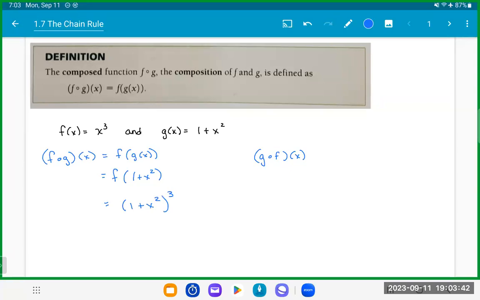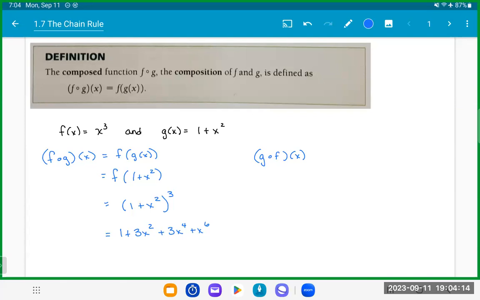When I expand that using FOIL, and I have to do it twice, 1 plus x squared times 1 plus x squared, then multiply again by 1 plus x squared, I end up with 1 plus 3x squared plus 3x to the 4 plus x to the 6. Okay, so that's my composition when I substitute my g function into my f function and simplify.